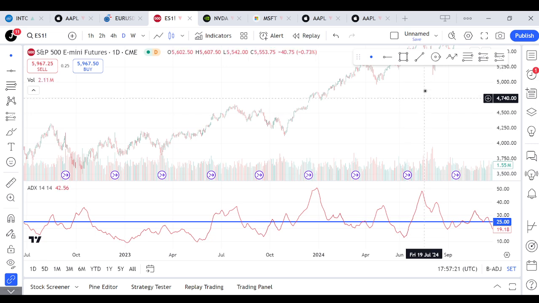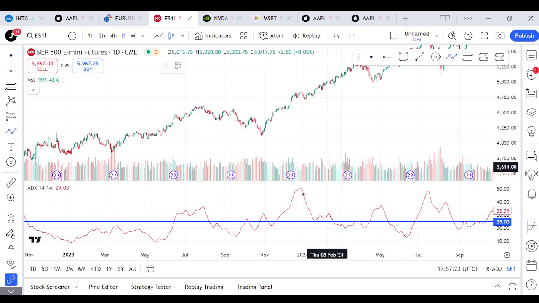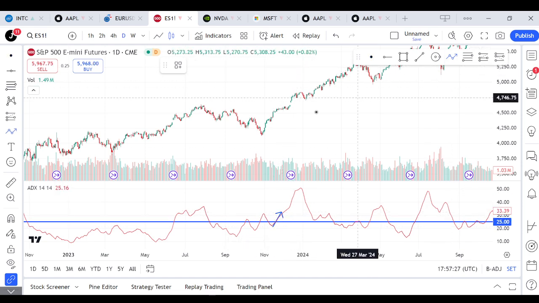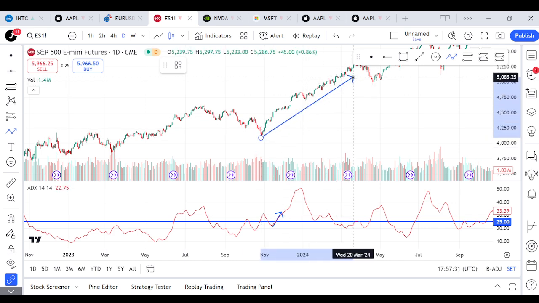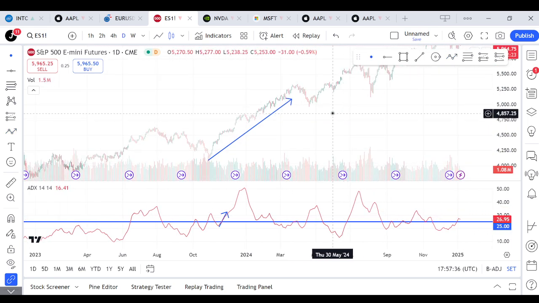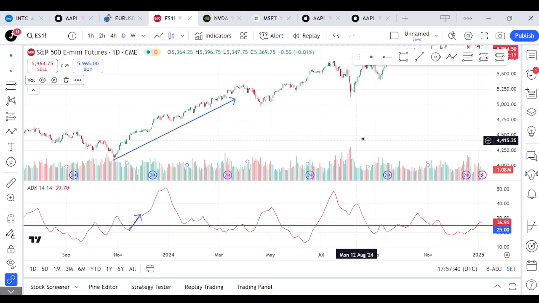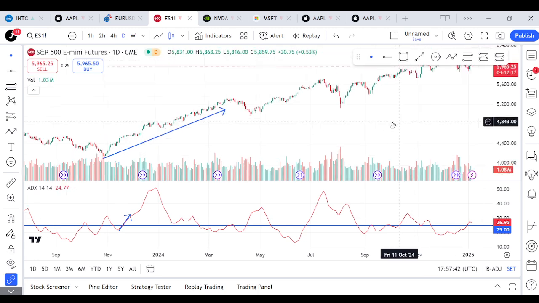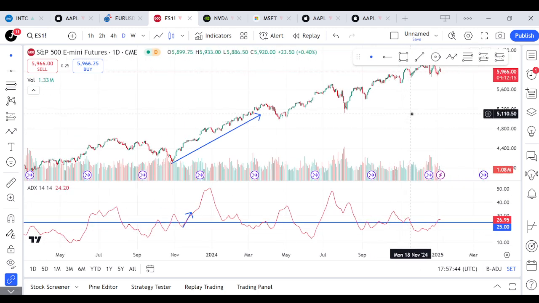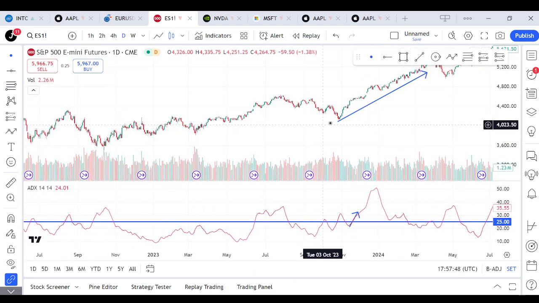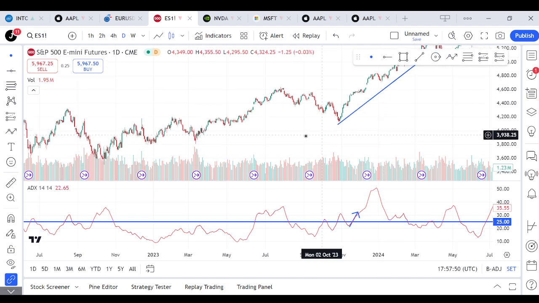So you can see here price rising above 25 right here, and this is reflected by the rising momentum in price. So this is how you can use the ADX. When it's above 25, it signals a strong trend in the market, and when it's below 25, it signals a weak or non-existent trend, which all mirrors down to momentum trading.